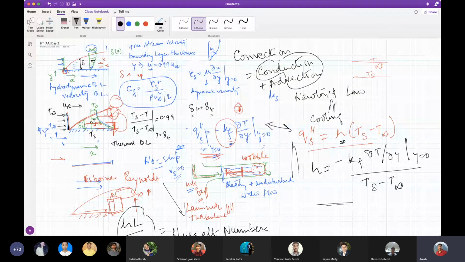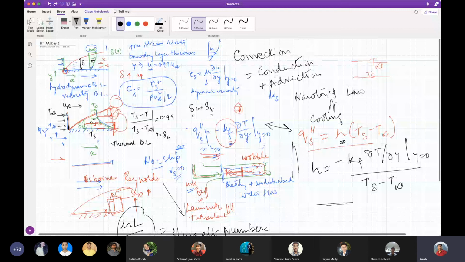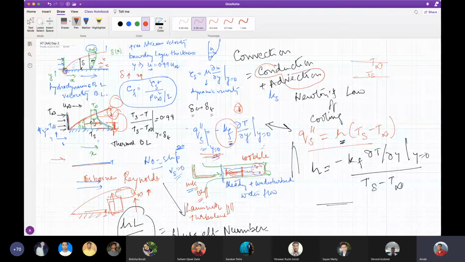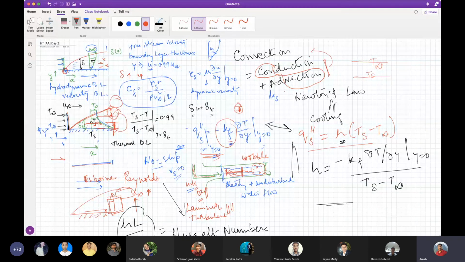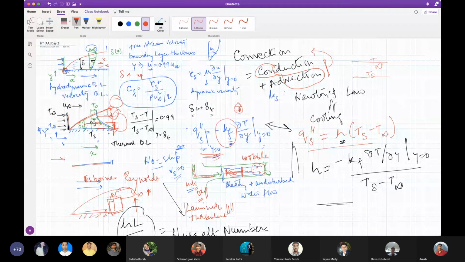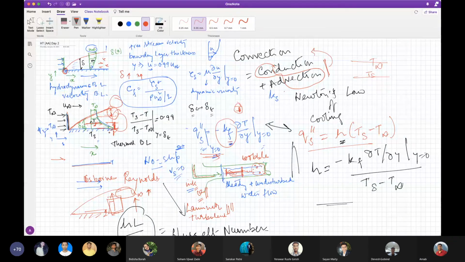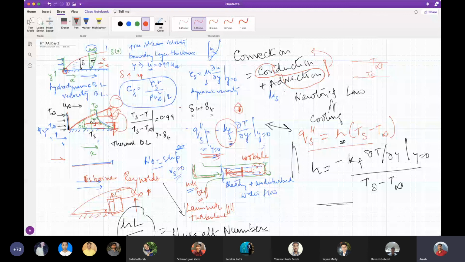So conduction and advection, this combined effect is called convection. Did you get it now?